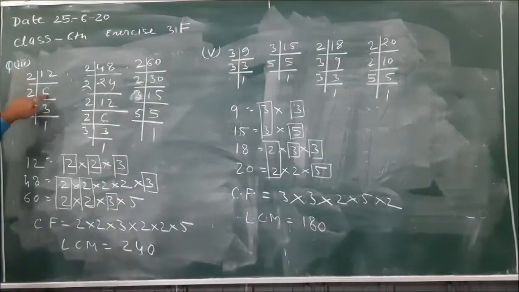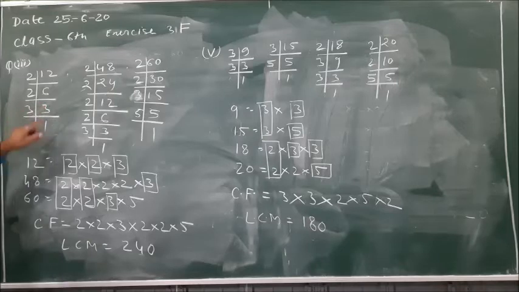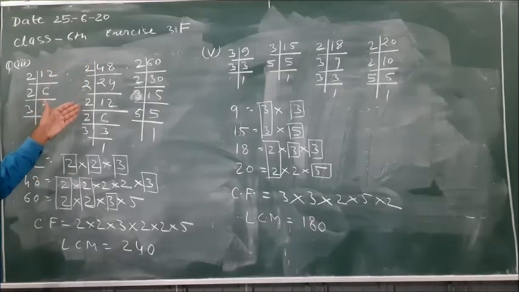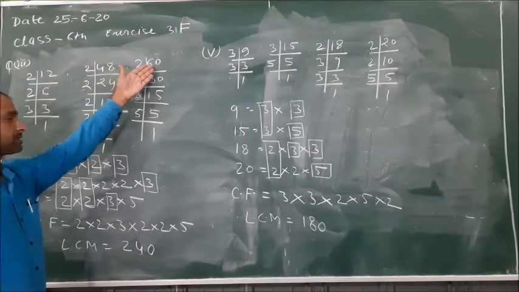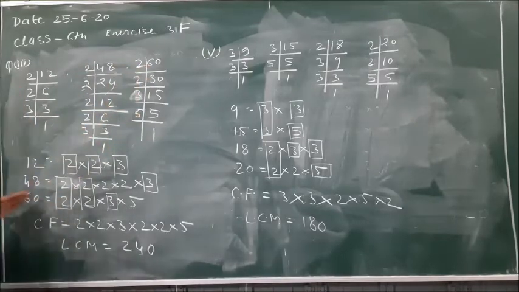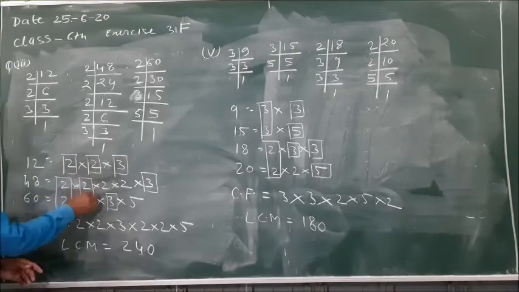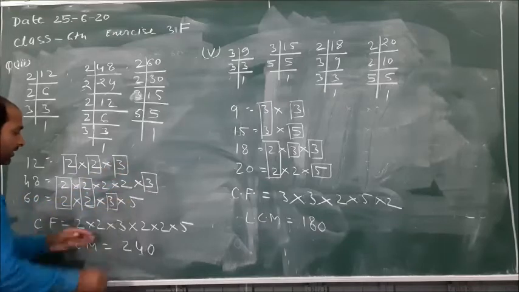So 2 sixes are 12, 2 threes are 6, 3 ones are 3. These numbers are divided: 48 divided by 2, 2, 2, 2 and 3, and 60 divided by 3. Here we find the common factors first. Here 2 is a common factor and 3 is a common factor.